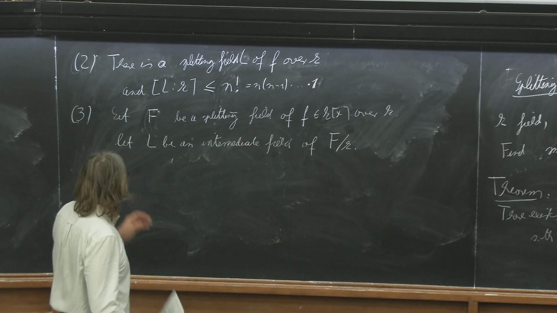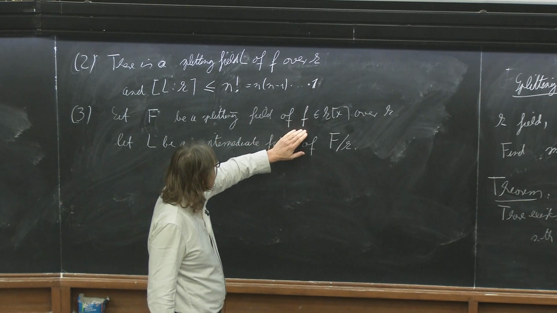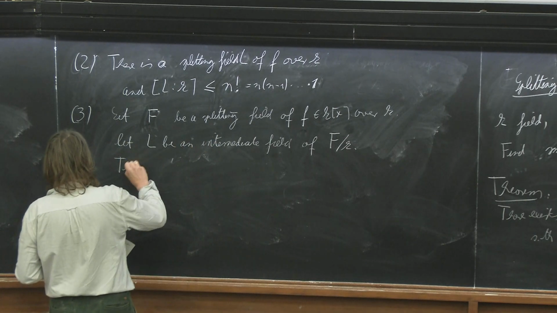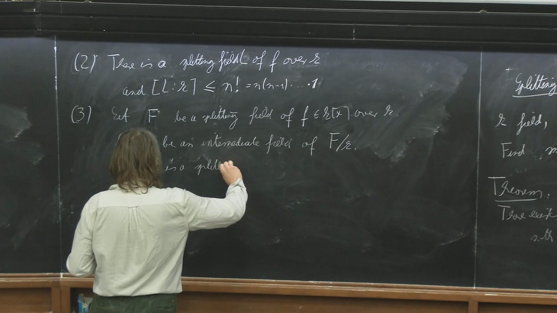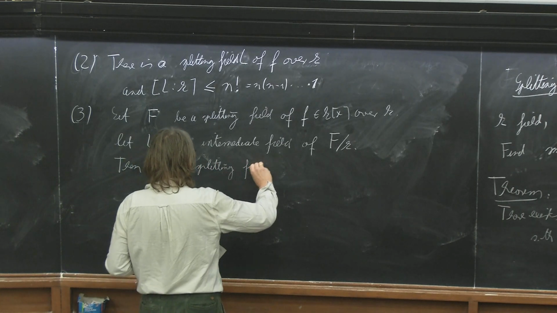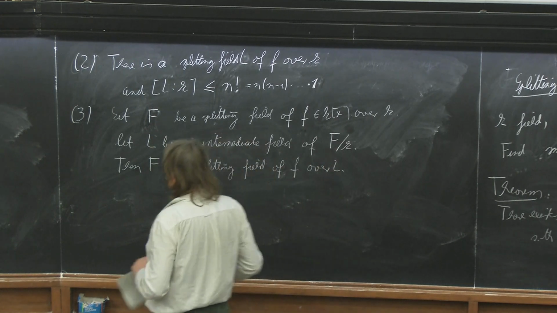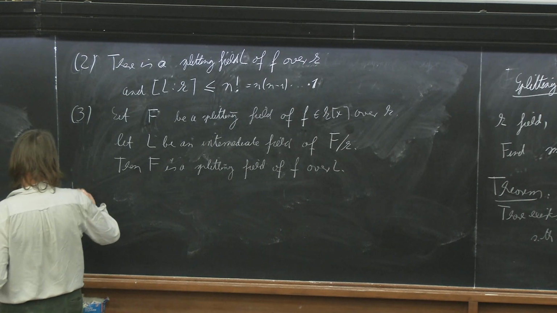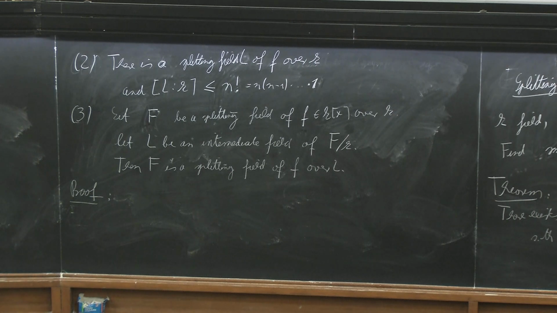Then F is also a splitting field of this polynomial, small f, over L. So most of these are all somehow trivialities. I can briefly go through them. It's just what the definitions tell us.